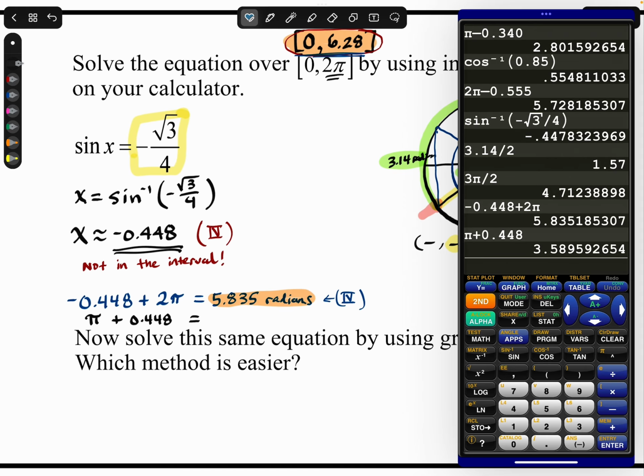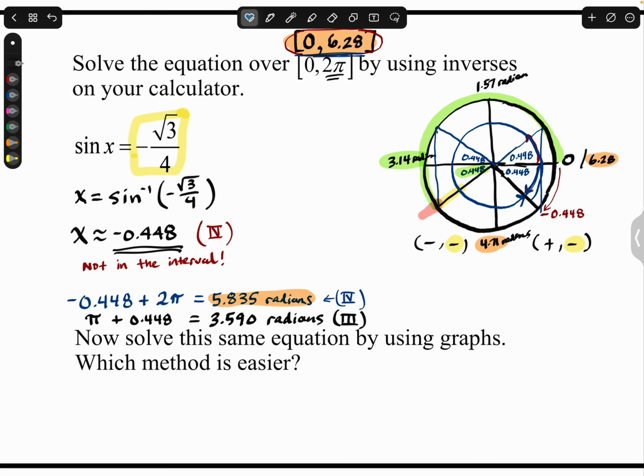We're going to get about, if we rounded that, about 3.590 radians. And that is our quadrant 3 angle. If you look there, that falls between 3.14 and 4.71, so that means that is in the correct spot.